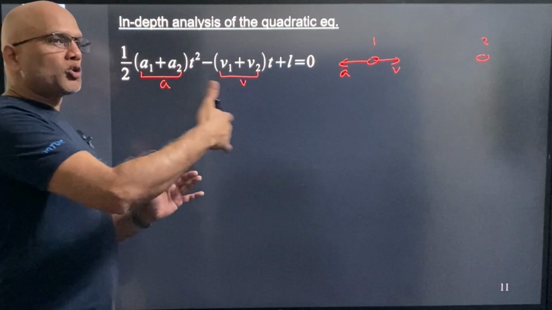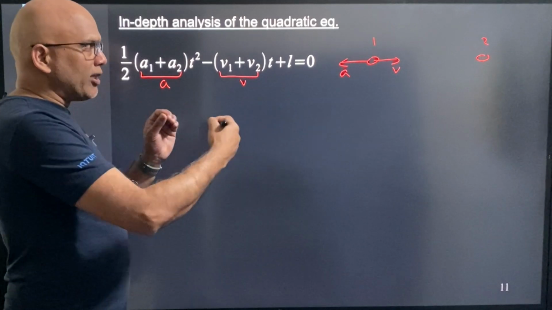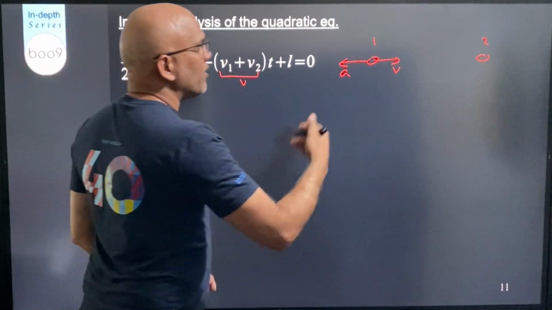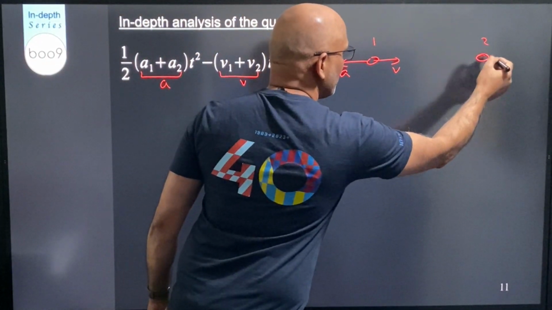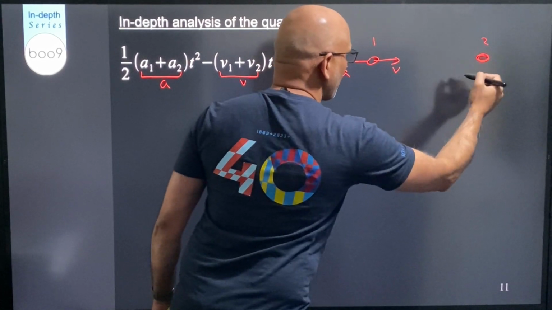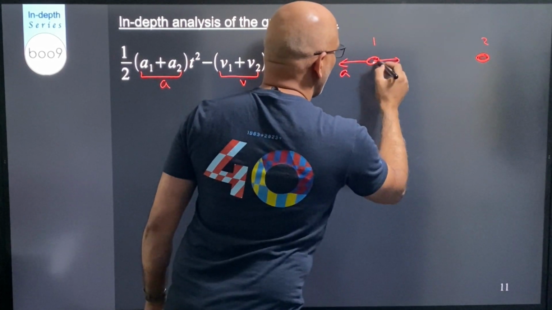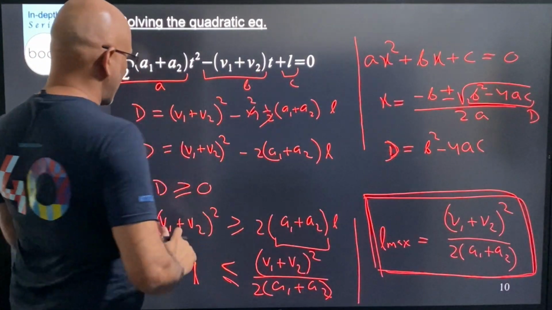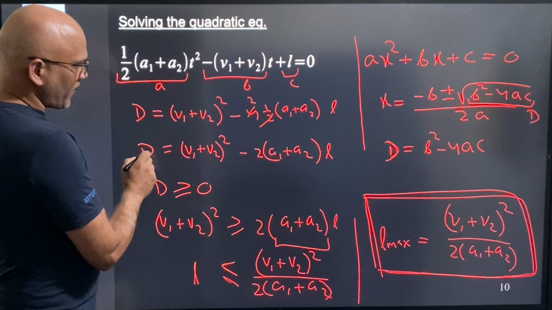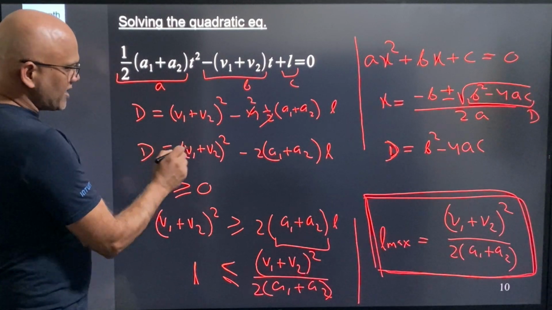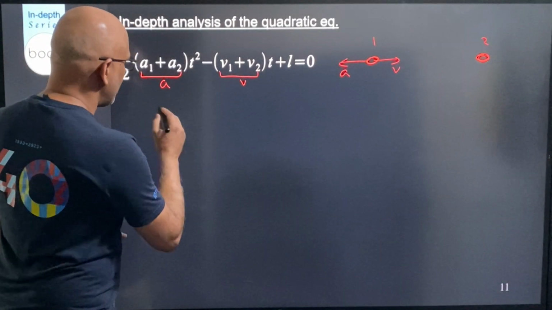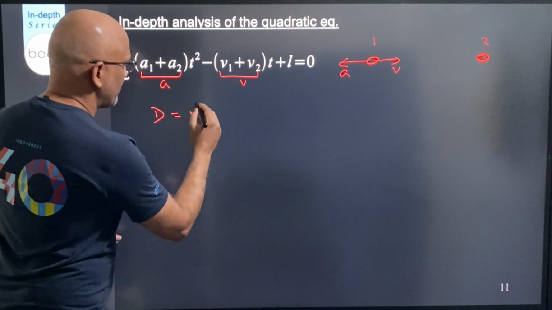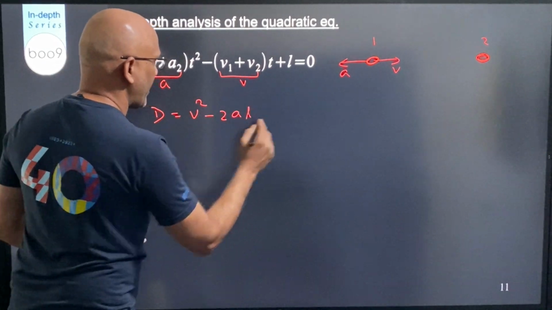So I have represented the two particle system where both the particles were moving. Now 2 is at rest, so I'm representing this from the frame of reference of 2 where only 1 is moving. Now let me copy a few expressions from here. D is v square minus 2aL.